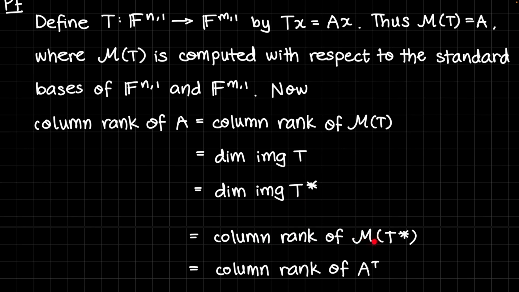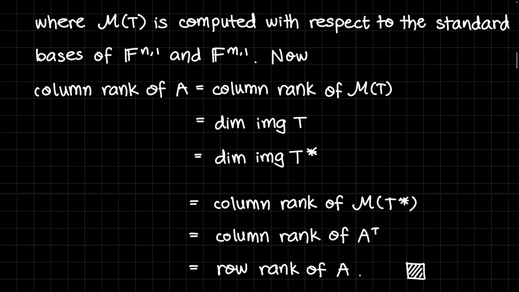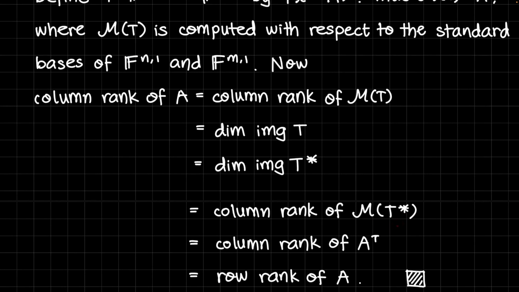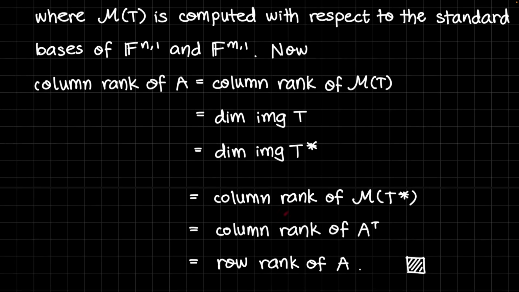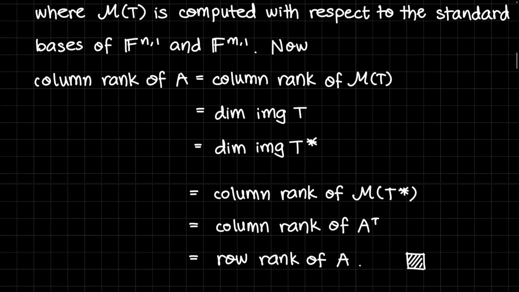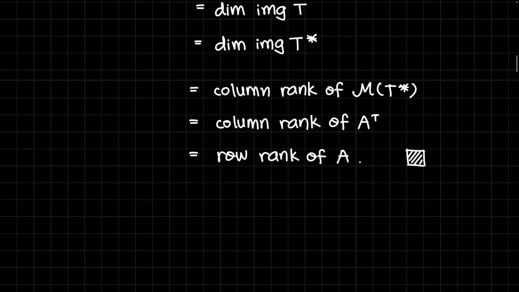So the column rank of the matrix of T star, which equals, because matrix of T star is matrix of T transpose and matrix of T is A, the column rank of A transpose. But when you transpose a matrix, the columns become rows. So the column rank of A transpose is just the row rank of the regular matrix A. So there you go. This is how you prove the column rank equals the row rank as a bonus result.